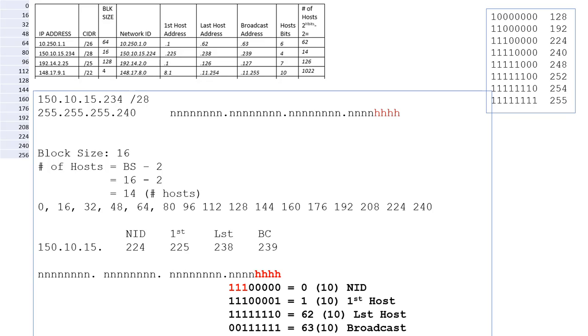Can't see one of the lines on this. Okay, and this is going to be 224. This is going to be 225. This is going to be 238. And this is going to be 239.